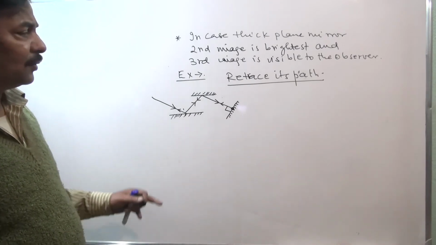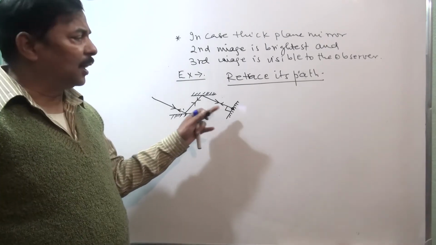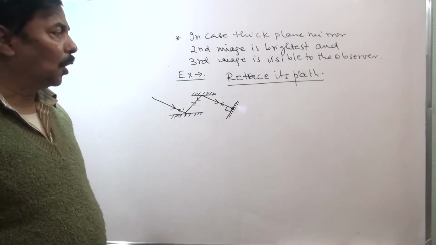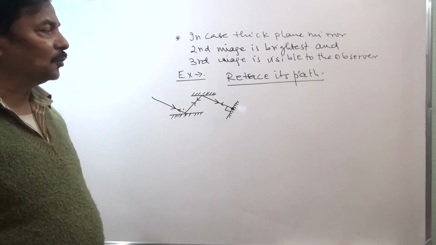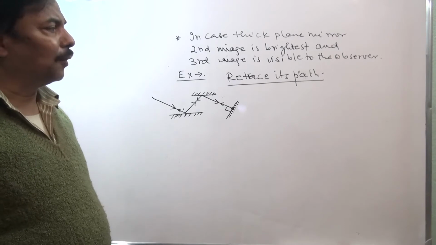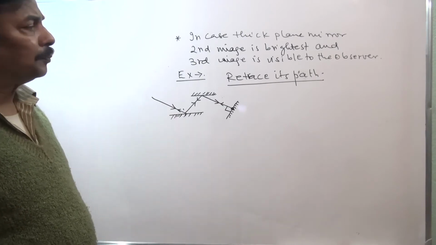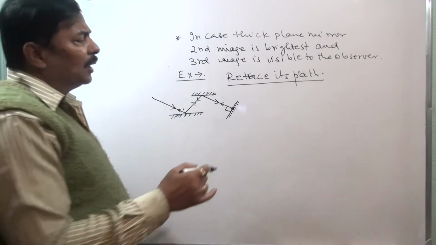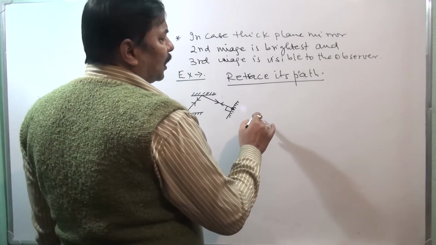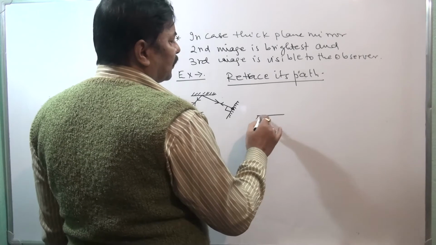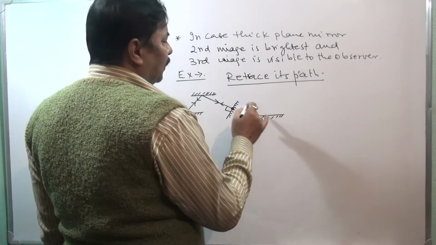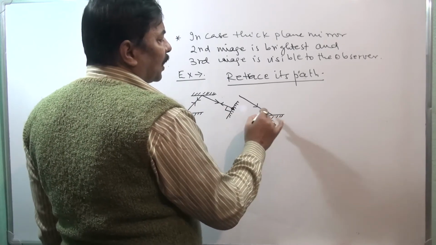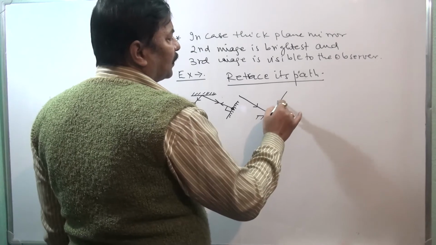So for this, what is required? On the third mirror the ray of light should fall normally. This is the meaning of retrace its path, and very good questions are formed by this also. This is happening in case of two mirrors also. If there are two mirrors in this way, this is the incident ray and this is the reflected ray.